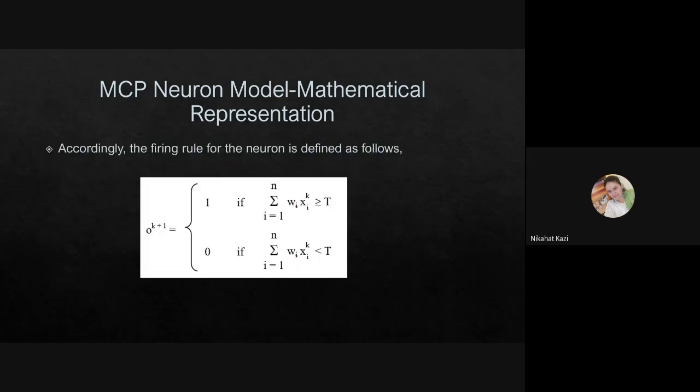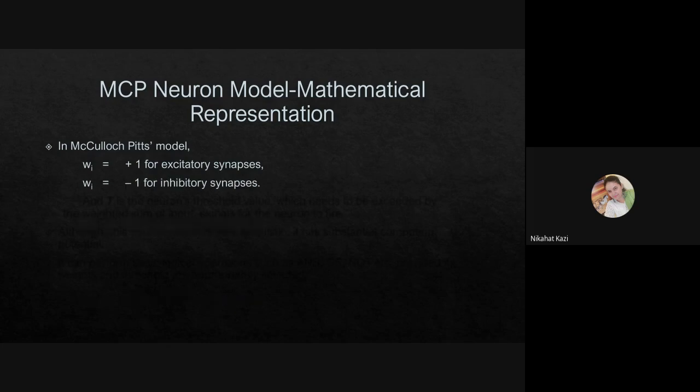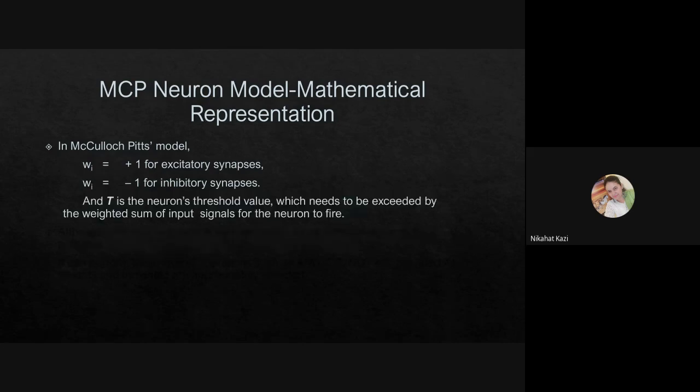So this is how we mathematically represent the neuron in terms of the McCulloch-Pitts neuron model. For the McCulloch-Pitts model, the weights are +1 and -1, for excitatory and inhibitory synapses respectively. T is the neuron threshold.